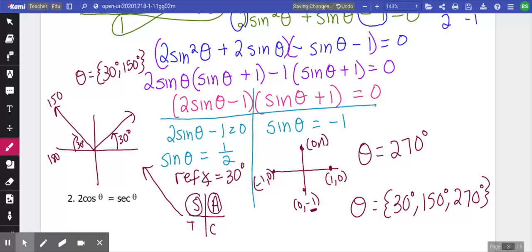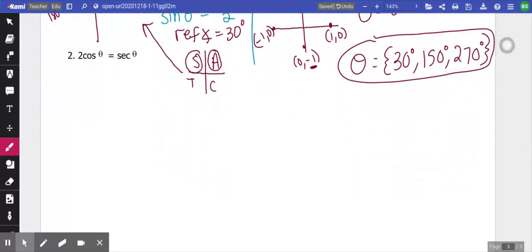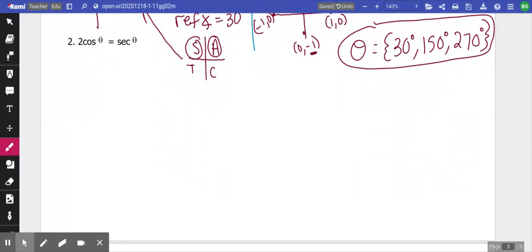Okay, let's do number 2. All right, so number 2 says 2 cosine theta equals secant theta. So again, you want them in terms of the same trig function.